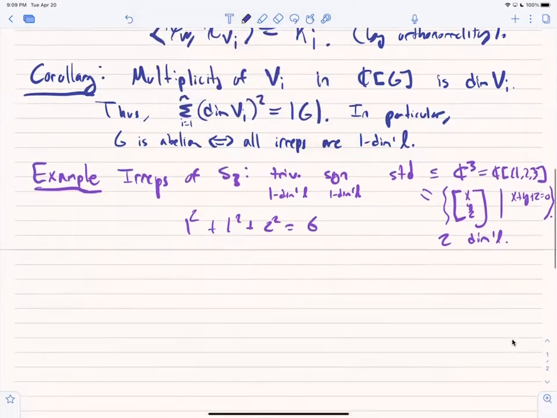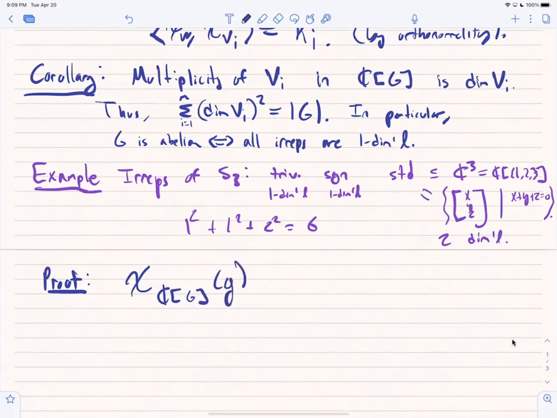But let me say the proof of the corollary. The character of CG on an element g is just going to be equal to the number of fixed points.